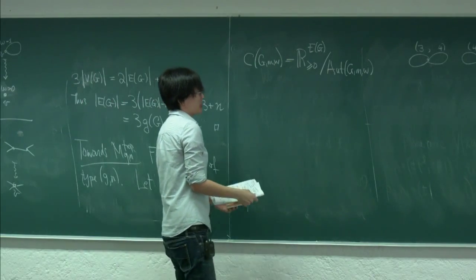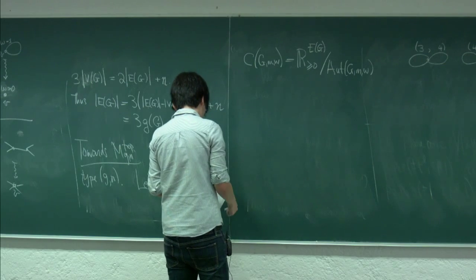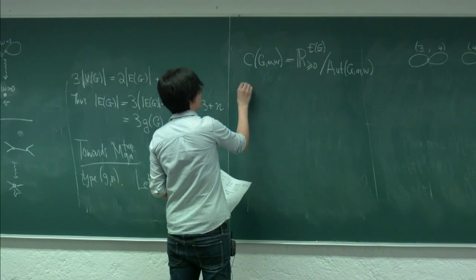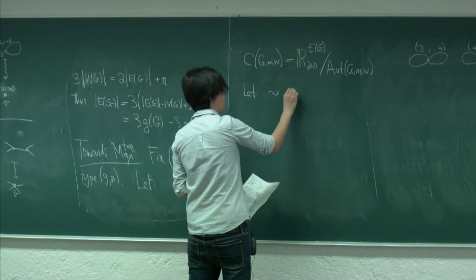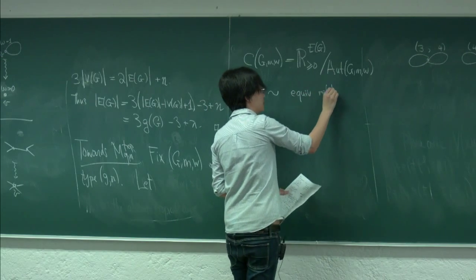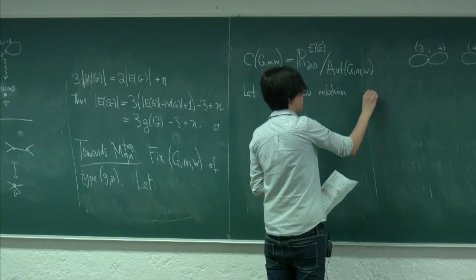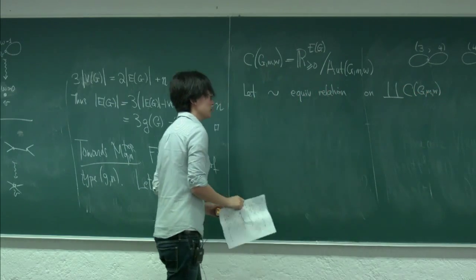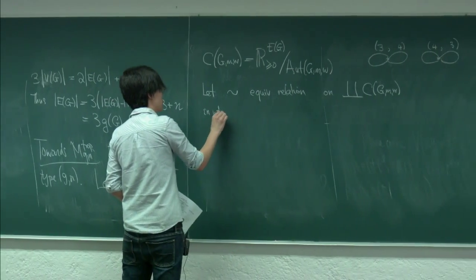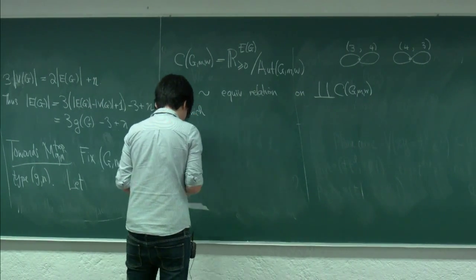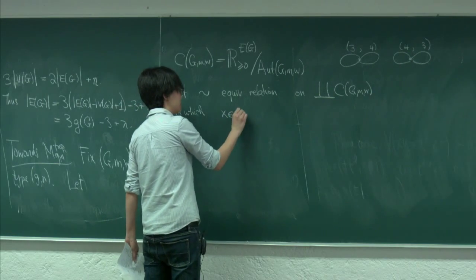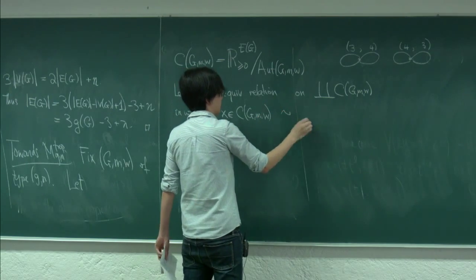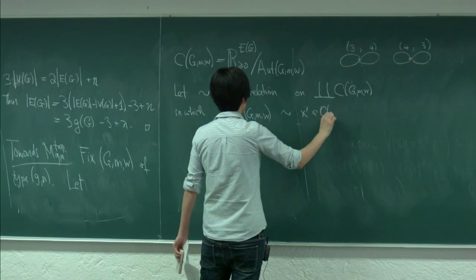And again, to glue all that stuff together, we will define an equivalence relation along which we're about to glue. So this is an equivalence relation on all of the cones C, in which a point x in C of G is identified with another one in a different cone.